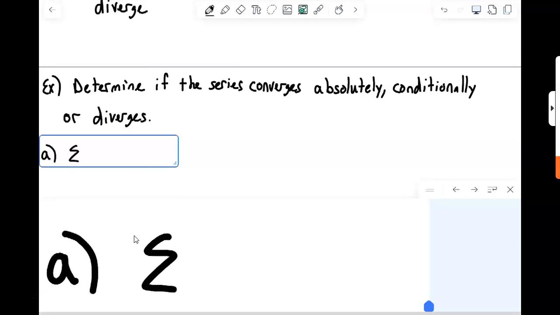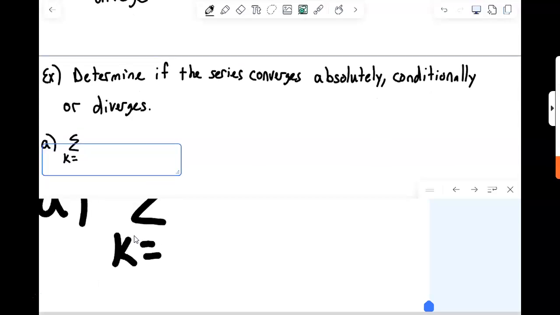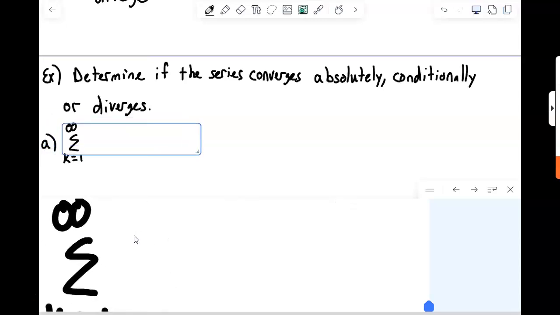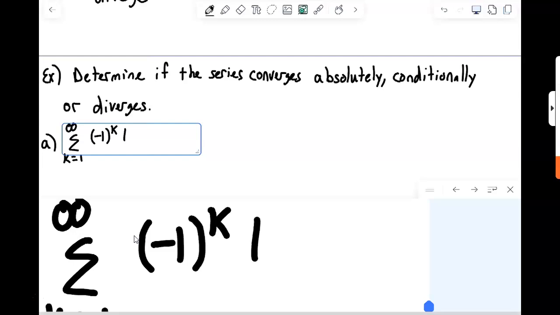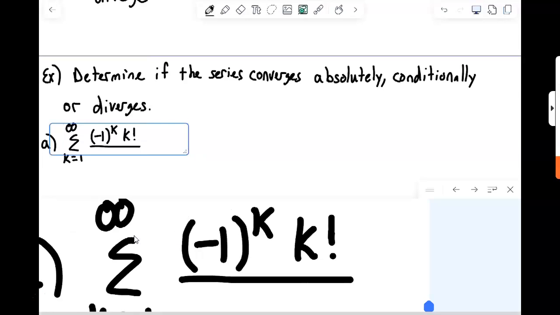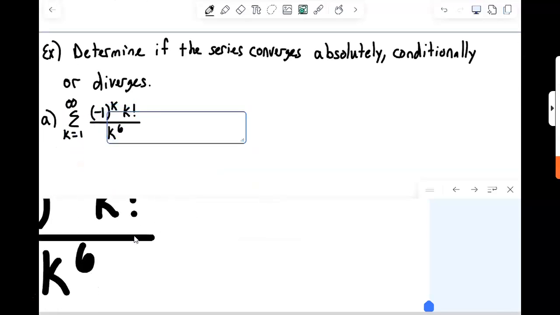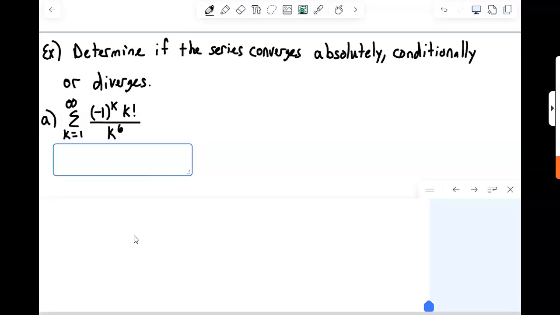Let's consider the sum as k goes from 1 to infinity of minus 1 to the k, k factorial, divided by k to the 6th. There are different ways to approach this series. I'm going to approach it just to review my ratio and root test type things.